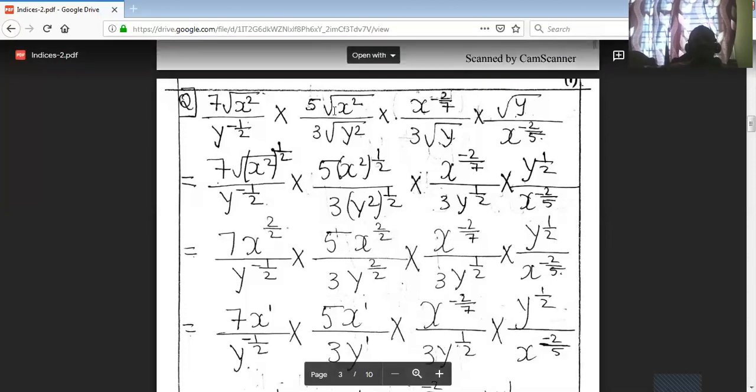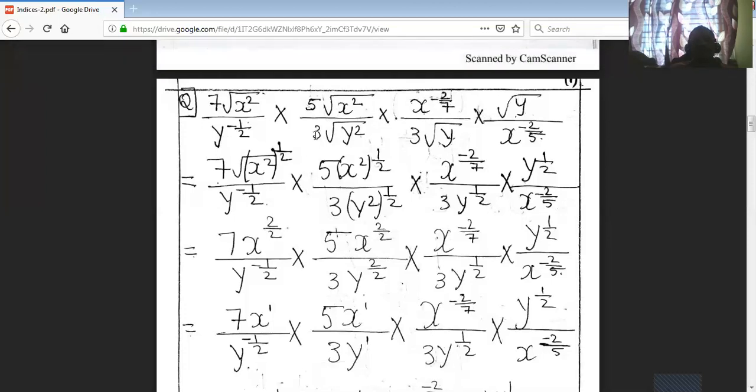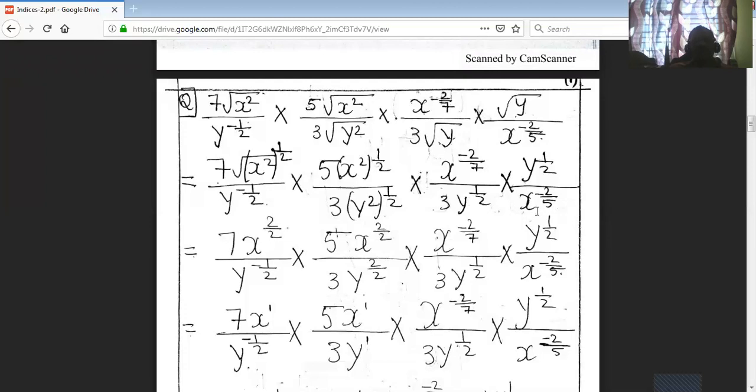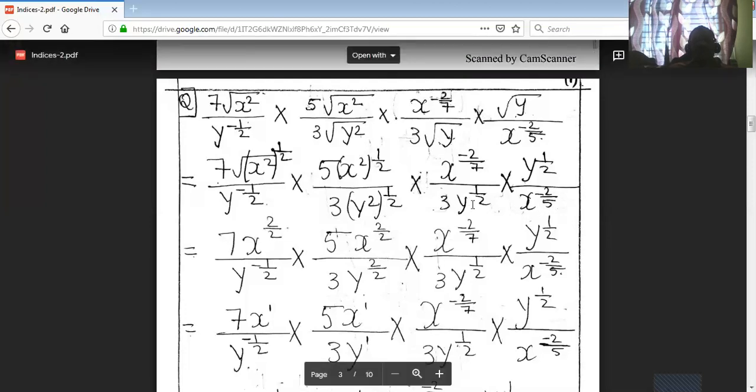This 1 by 2 is because of the root. x to the power of minus 2 by 7 and y to the power of 1 by 2. This minus 1 by 2 is retained, and 3 into y square to the power of 1 by 2, again 3 into y to the power of half, x to the power of minus 2 by 5.